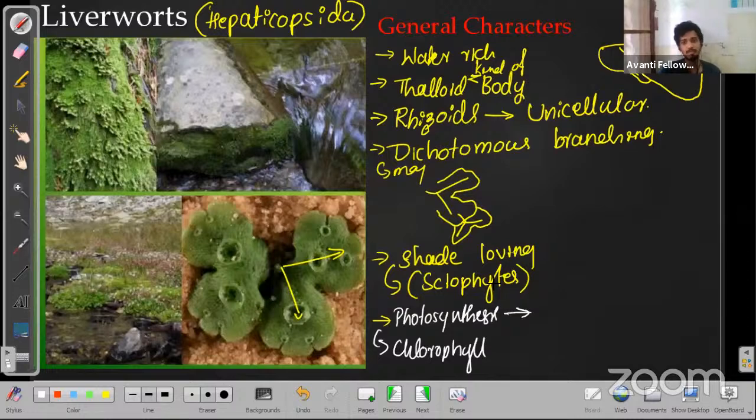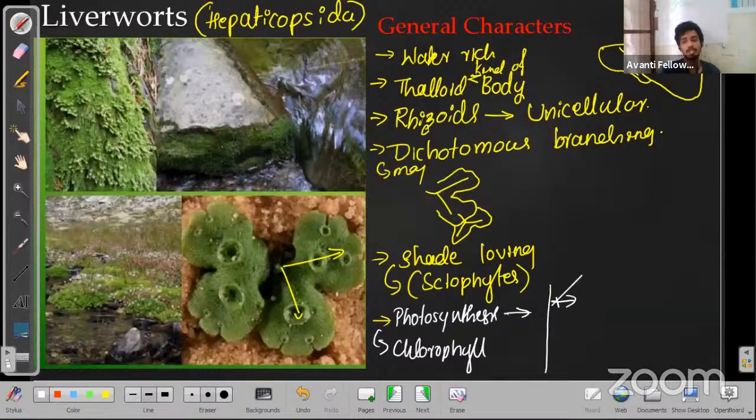One issue is this: they have photosynthesis and chlorophyll and everything, but the outer covering is not that great. If it is present in scorching or direct sunlight, the water molecules will go out, and due to higher transpiration the plants will die. The document is saving again, so I can't write.